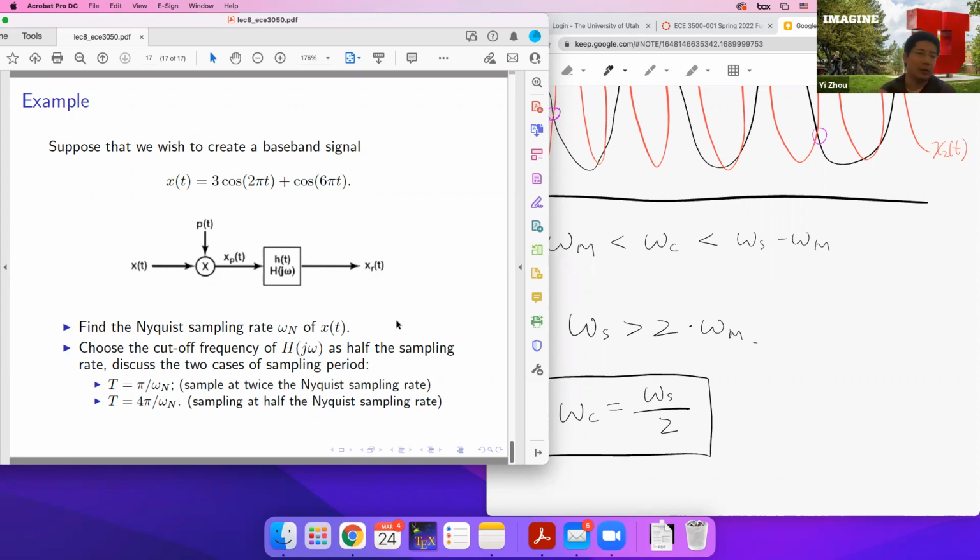But you can think about this one and try to figure out, by plotting out the spectrum of the sampled signal and also plotting out this low pass filter, what part of the spectrum is being filtered out. And from there, you can understand the output signal.